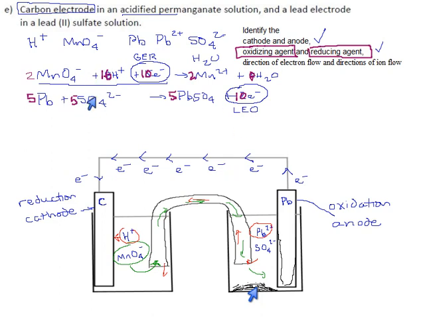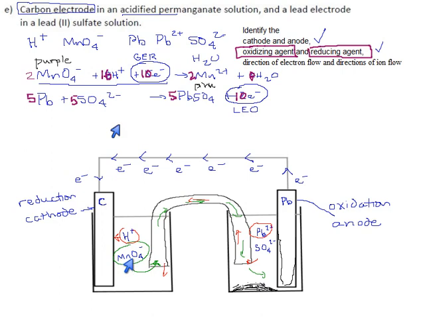And there is a color for manganese ions and for permanganate. Permanganate, MnO4, is purple, and manganese is pink. So over on this side, if you have this acid permanganate solution, this will start out looking like grape juice.